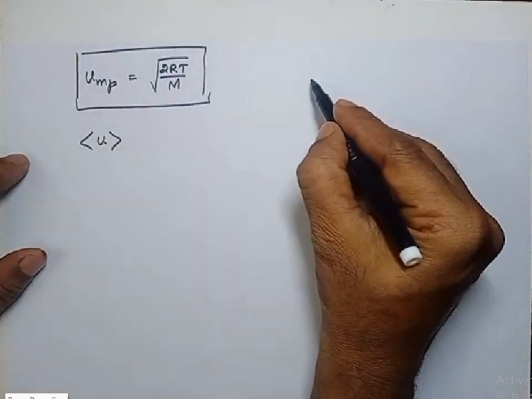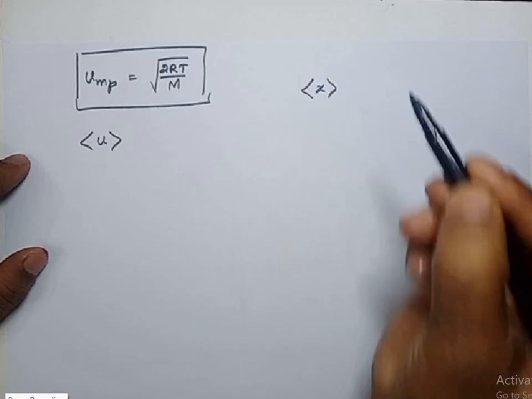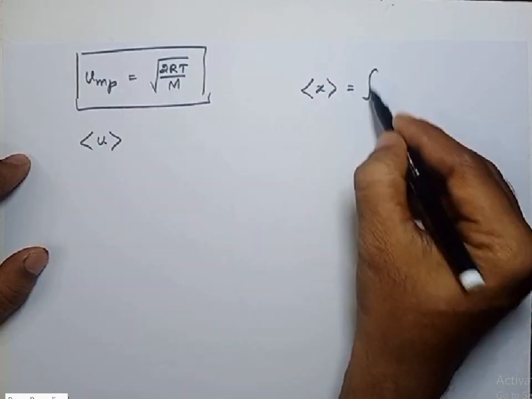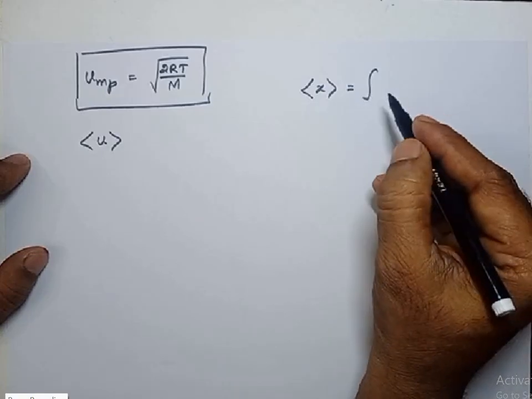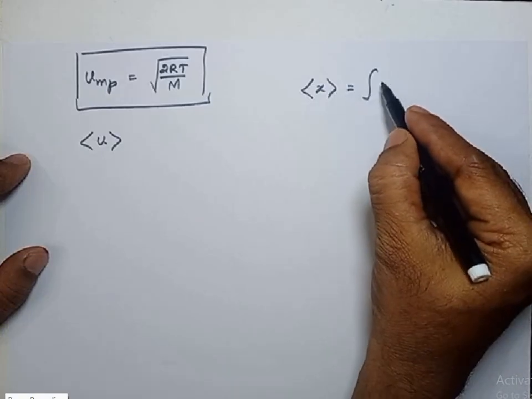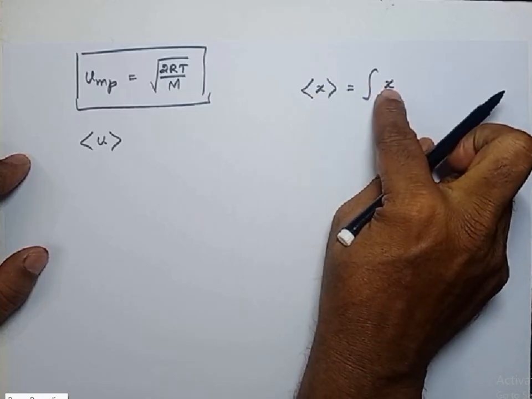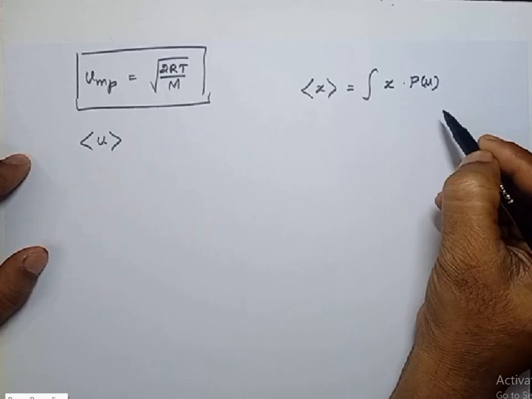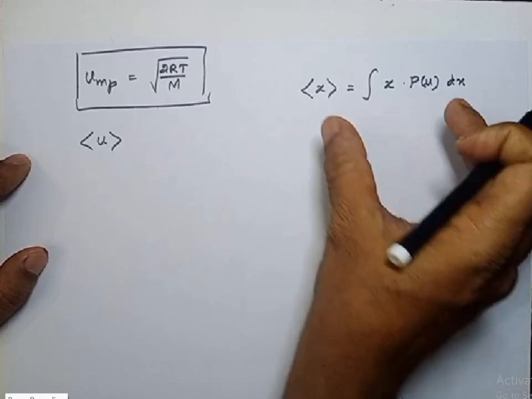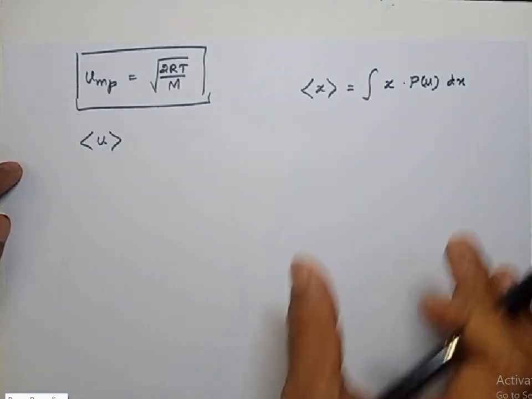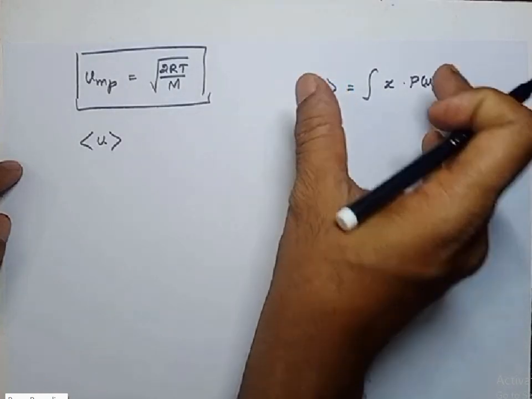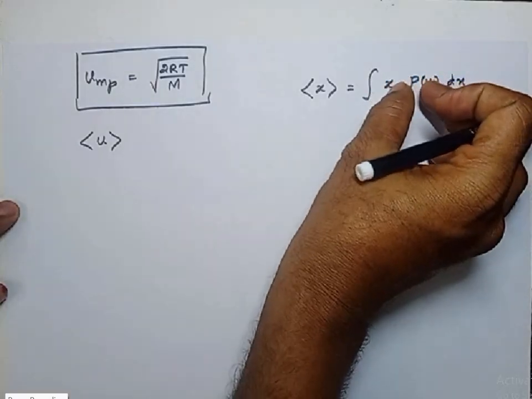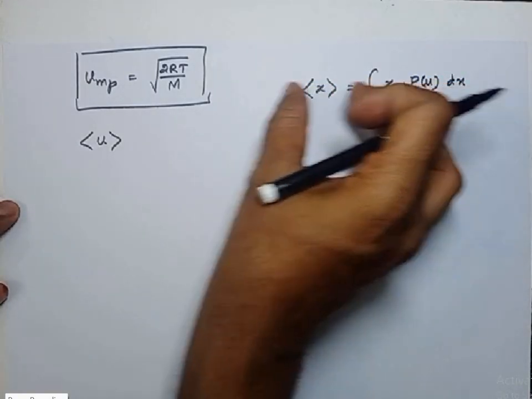Average of any value x is equal to the integral, which you have to do over all space, of the value x into the probability of finding that x into dx. This will give me the average. People use this in mathematics. If probability is available, you can use this formula to calculate average.